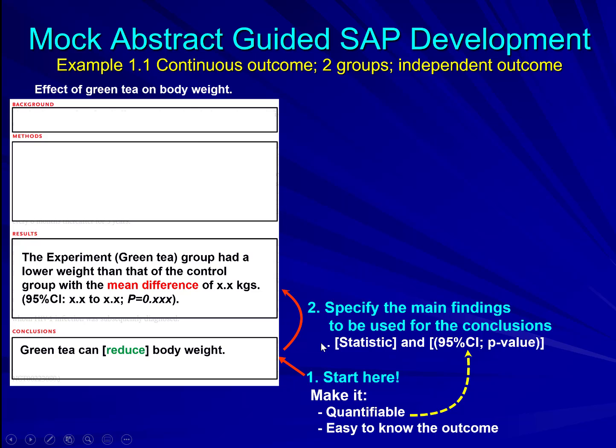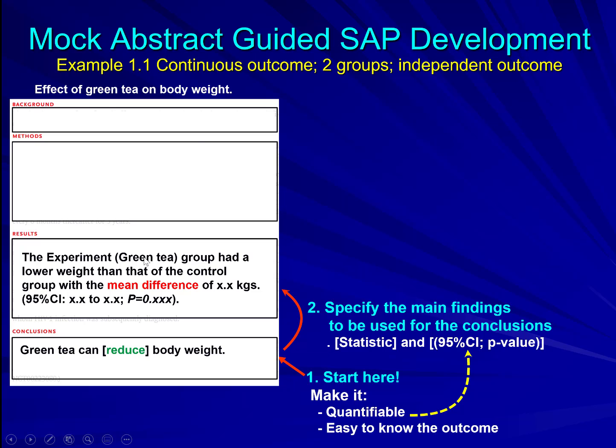Then present the main findings in the results section in this format. I highlight this one. Say the experimental group had a lower weight. You know, interpret the results here. Lower weight means the difference in this direction.